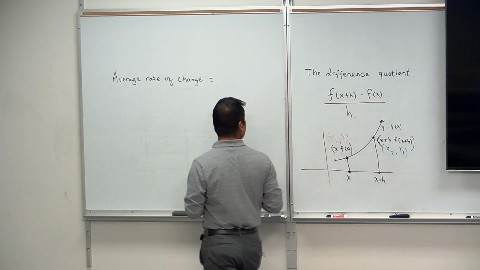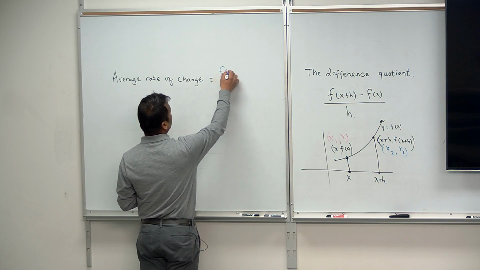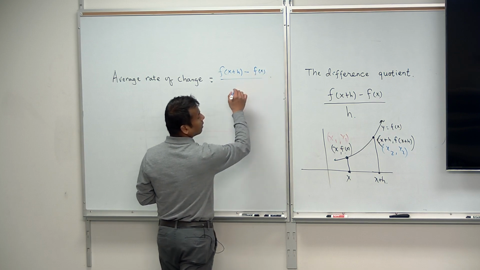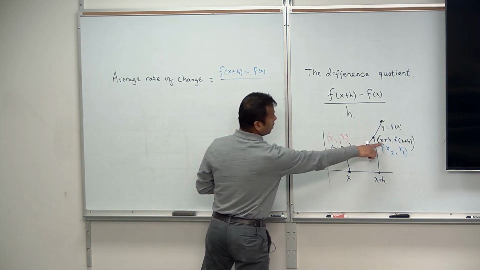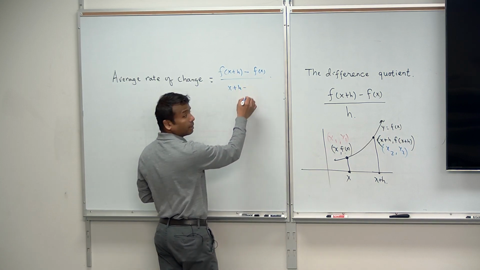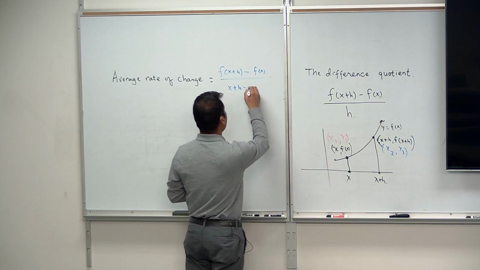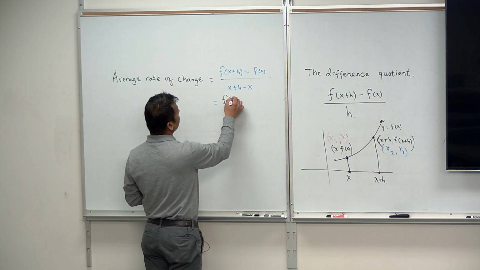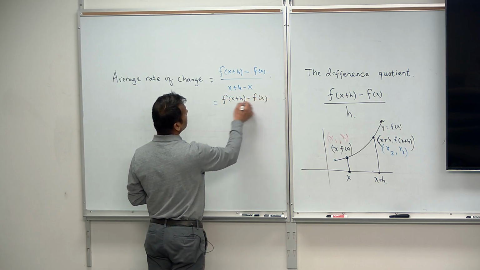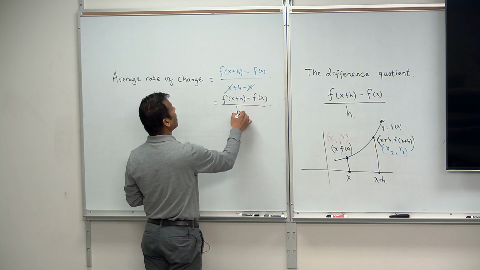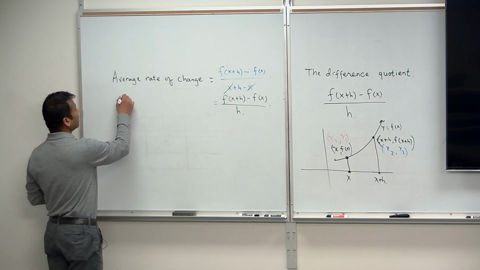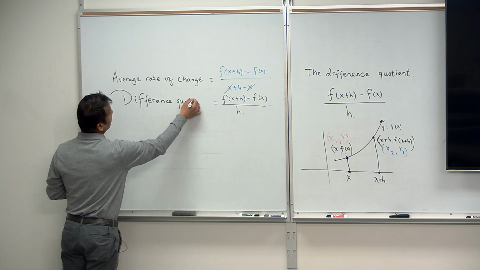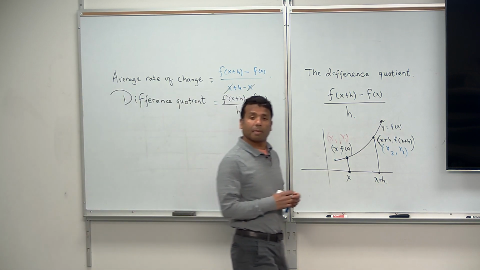So now you simply do y2 minus y1, which is f of x plus h minus f of x, over x2, which is x plus h, minus your x1, which is x. And now you see that? So this is the same as f of x plus h minus f of x over, this x and x cancel, you have h. So this is the difference quotient. Make sense? Yes?